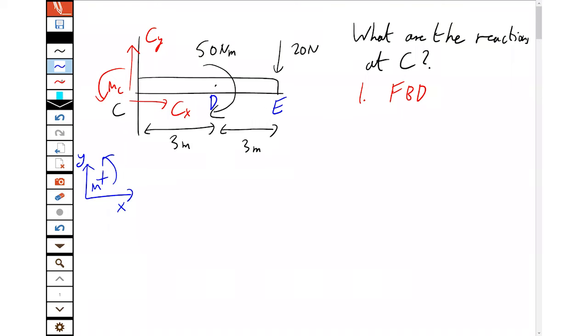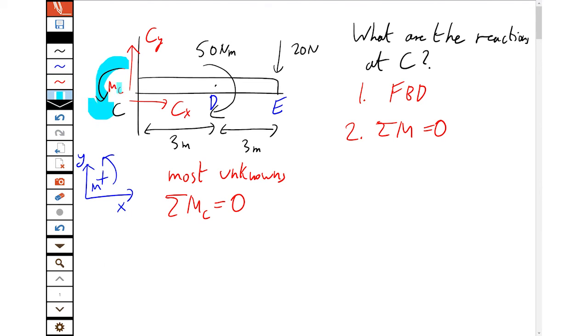So next, 2. We do the sum of the moments around a point is 0. We always choose the point with the most unknowns. And if we practice, we can see the point with loads of unknowns. So the sum of all the moments around C is 0. Now, there's already just directly a moment at C. So you add that.